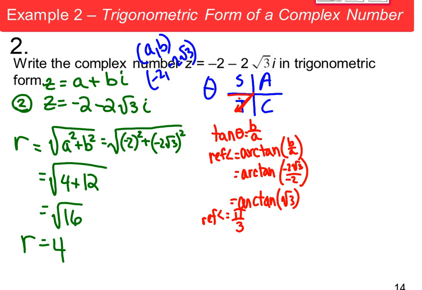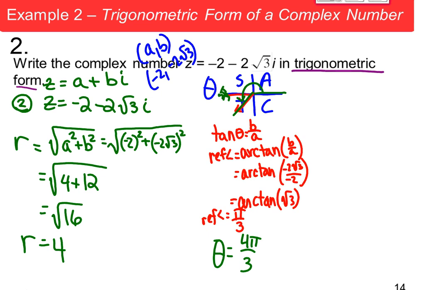Then my actual angle goes from the positive x-axis down to here. So there's my actual angle theta. And theta is going to be pi plus pi over 3, or 3 pi over 3 plus pi over 3, so that's going to be 4 pi over 3. Then my job is just to write this in trigonometric form.